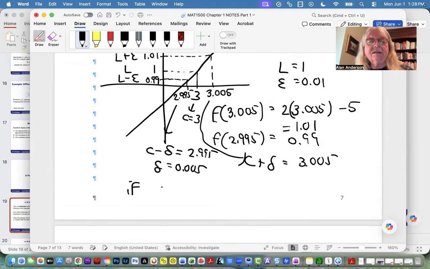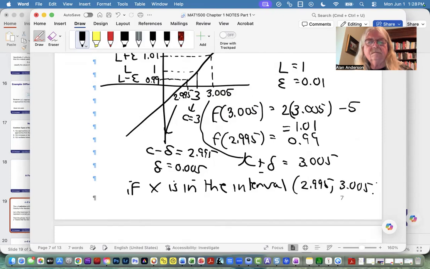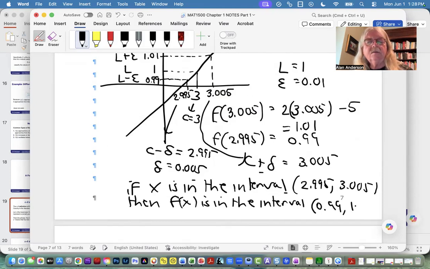If X is in the interval, then f of x is in the interval 0.99 to 1.01.